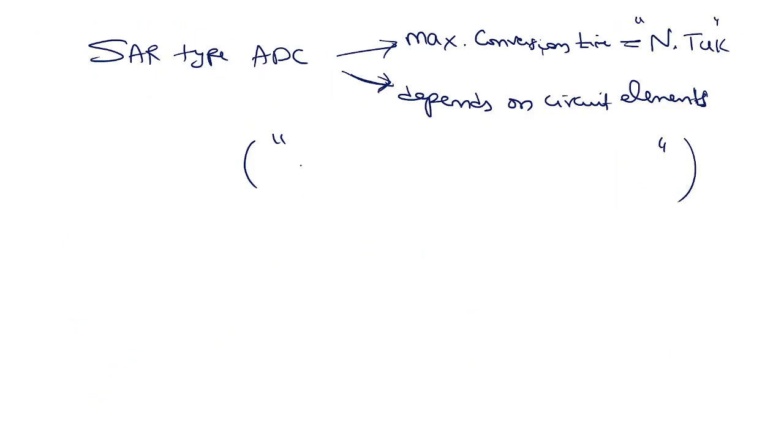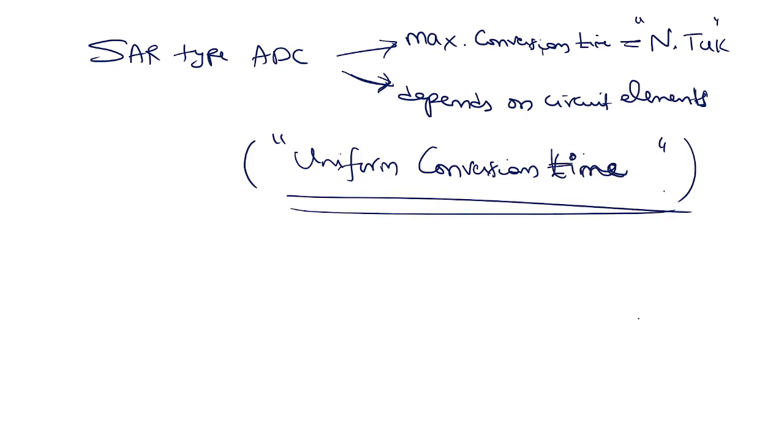So this is called uniform conversion time across all the inputs. Doesn't matter whichever input you give, it's uniform conversion time, right?